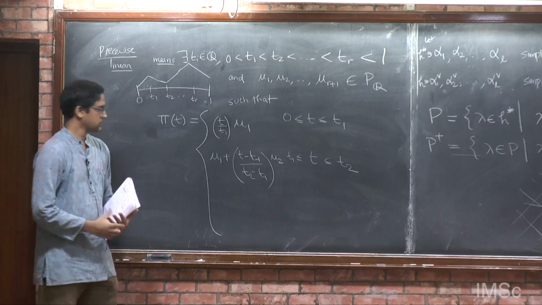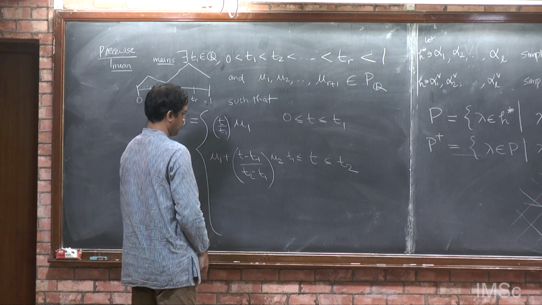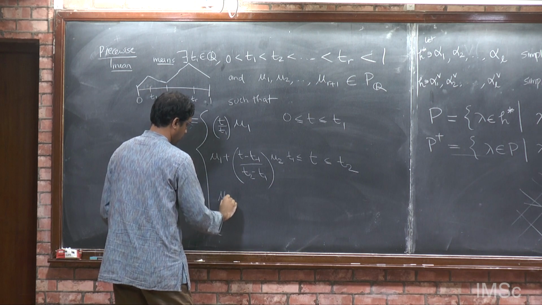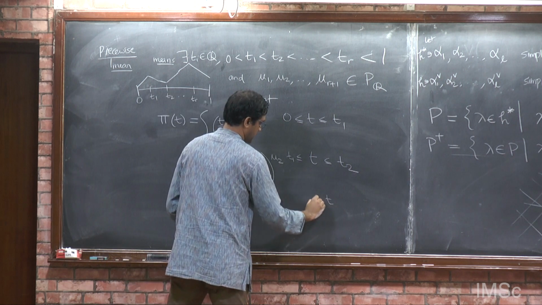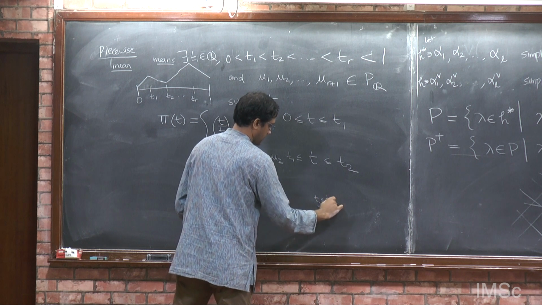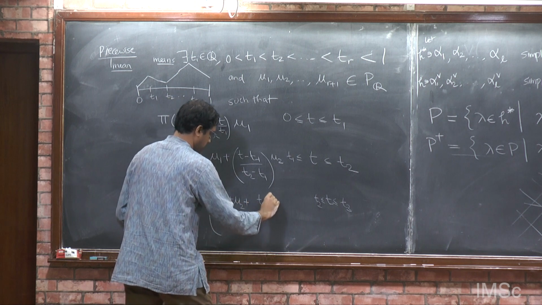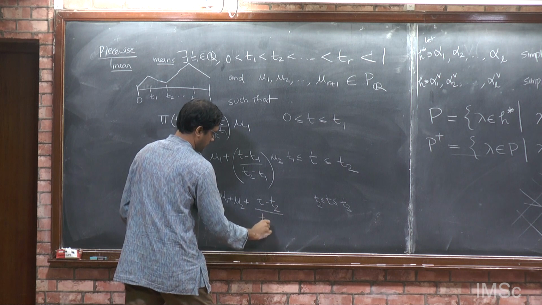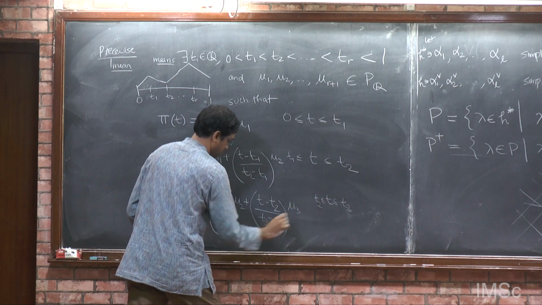Is this formula okay? So at time T2 it reaches mu1 plus mu2, and so on. Maybe I'll write one more: mu1 plus mu2 plus, between timestamps T2 and T3, this is mu1 plus mu2 plus (t minus T2) by (T3 minus T2) times mu3, and so on.